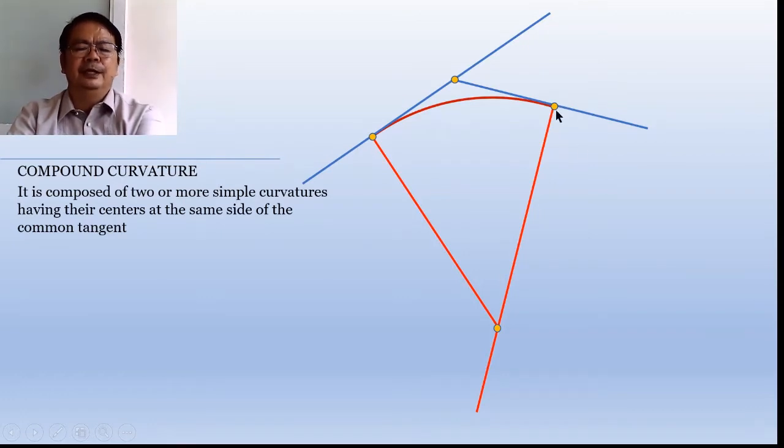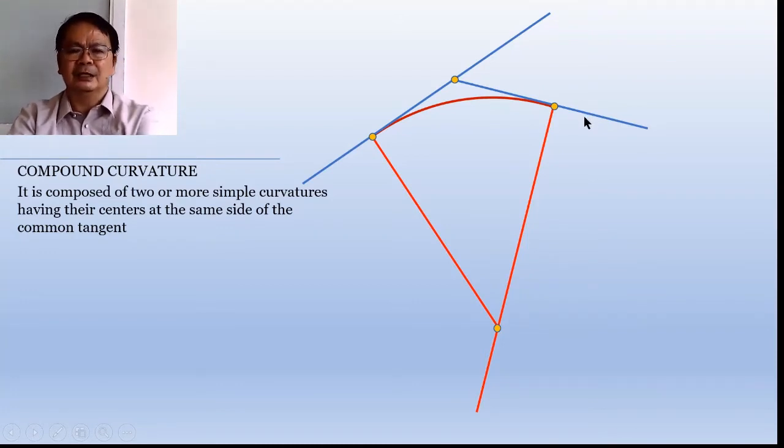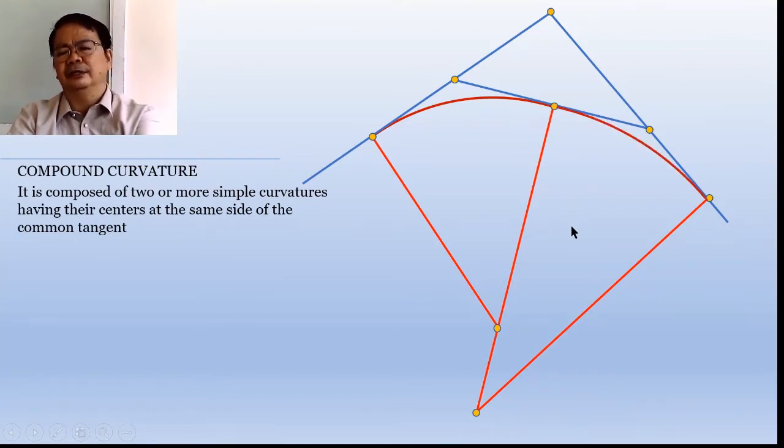If this curvature is connected by another simple curvature such that the back tangent of that second curvature is the forward tangent of the first, and the forward tangent of that curvature will intersect the back tangent of the first at this point. Okay, so from this distance, having an equal distance from this point to that point, we draw a curvature. A curvature that runs starting from this center and having a radius equal to this length, that runs in that direction.